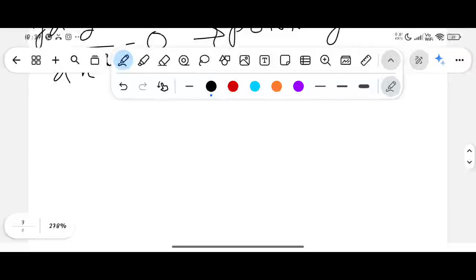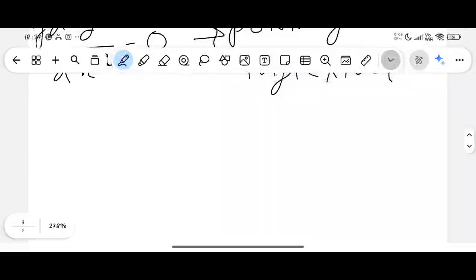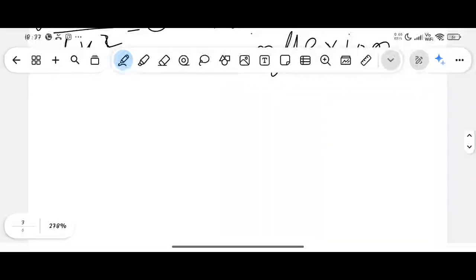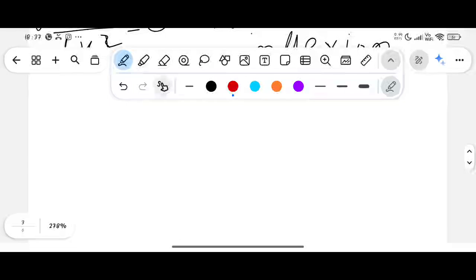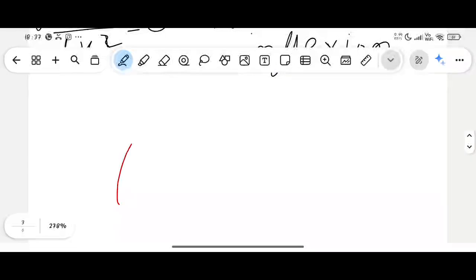That means, suppose you have a graph like this and it's increasing like this. Now at this point, suppose this is our point of inflection, it changes its curvature and starts increasing like this.